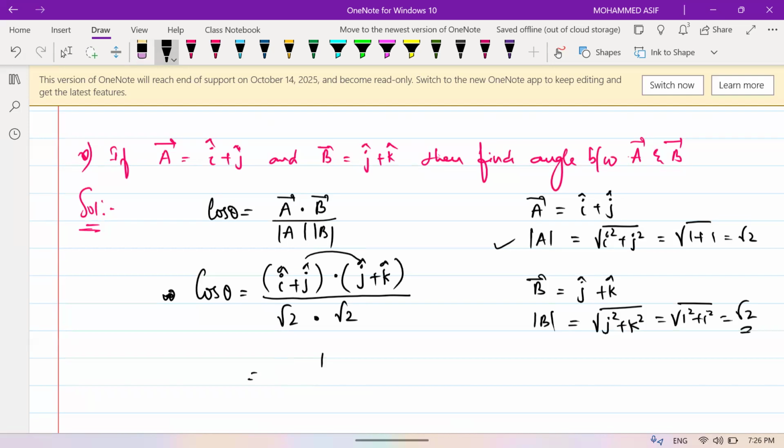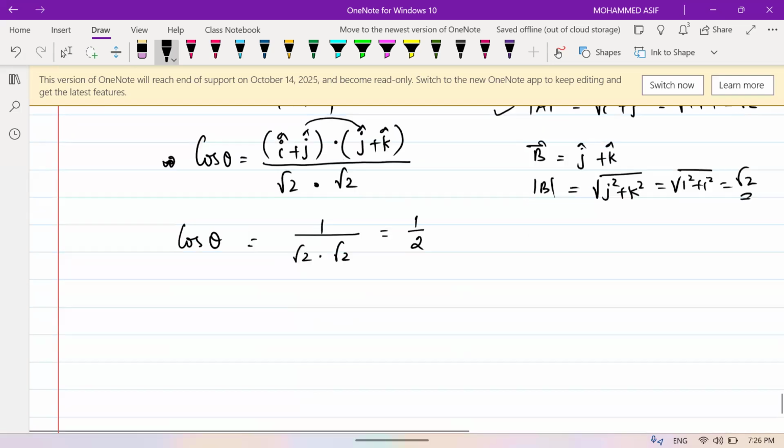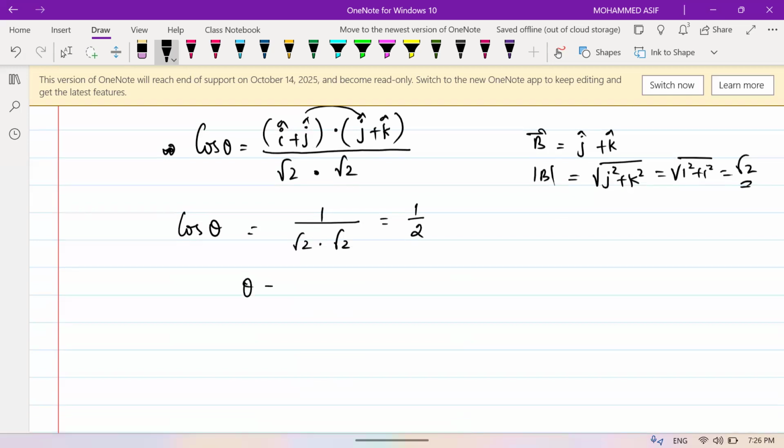Only 1 divided by root 2 into root 2. Root 2 into root 2 is how much? 2. So 1 by 2. Cos theta is equal to 1 by 2. So for what value of theta is it 1 by 2? Theta must be 60 degrees. Cos 0 is equal to 1.